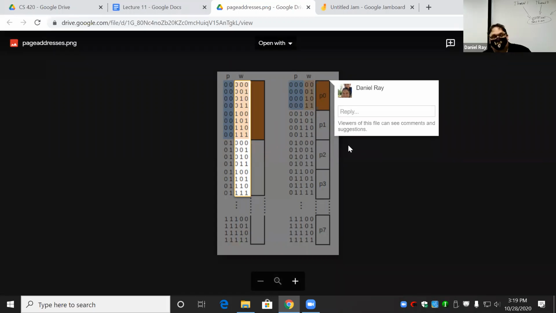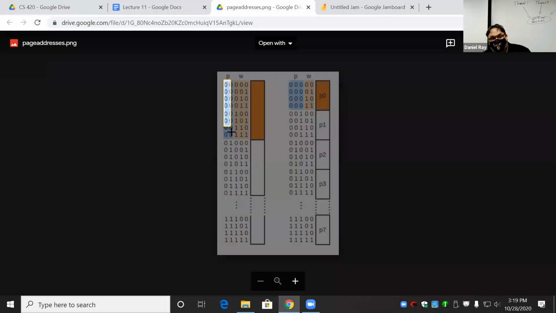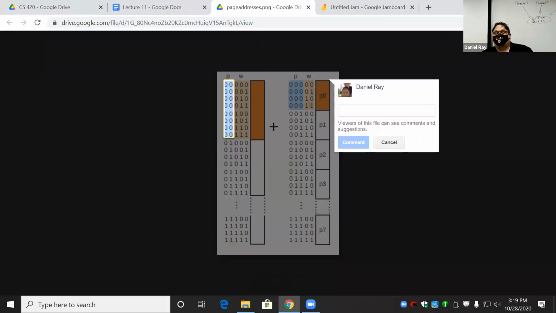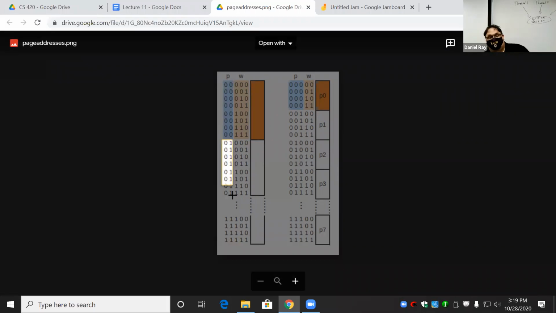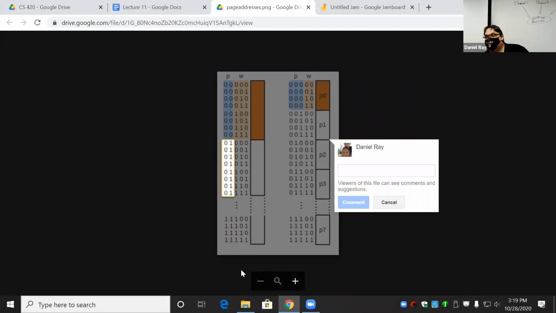And the other remaining 2 bits, which aren't being used to address individual words inside of a page, create the page number, right? So all these addresses inside the page are for page 0. All these are for page 1, okay? The next one would be page 10, which is 2. And the next one after that, 11, which is 3.